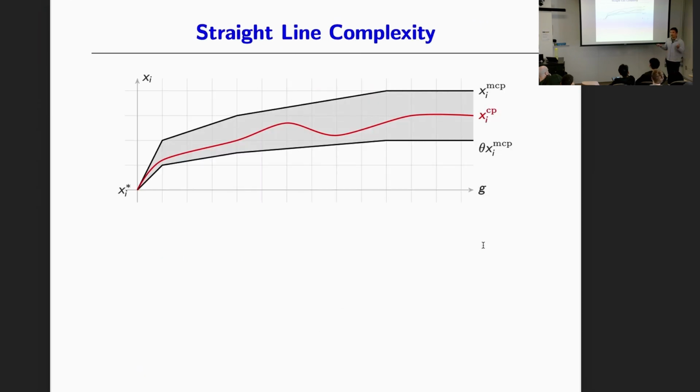Okay, so why do we even define this max central path? Because it has some really nice properties. Let's fix a coordinate i and look at the max central path on that coordinate. In general, it's going to be a piecewise linear, non-decreasing concave function.